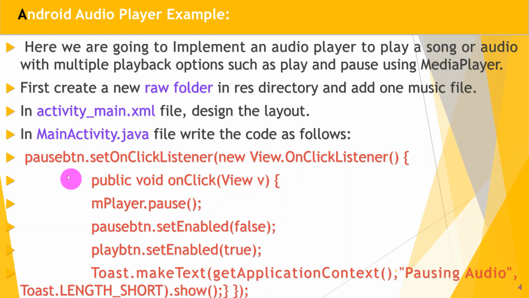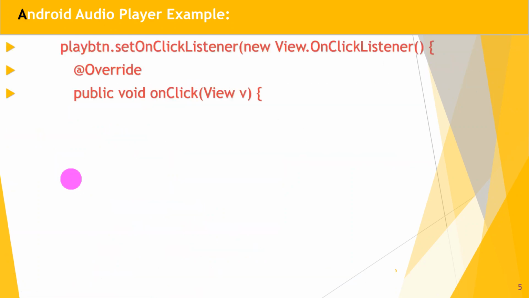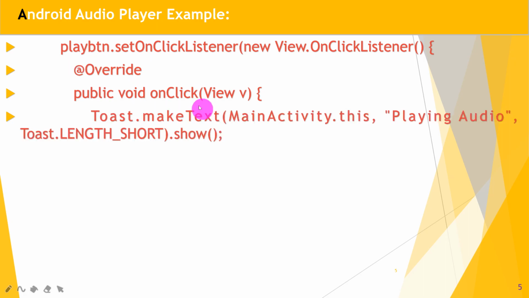So what is the code for the play button? When you click on the play button, this is the object of the play button, what is the action? First make a Toast message on your media player, "Playing audio", then start your song by using the mPlayer.start method.